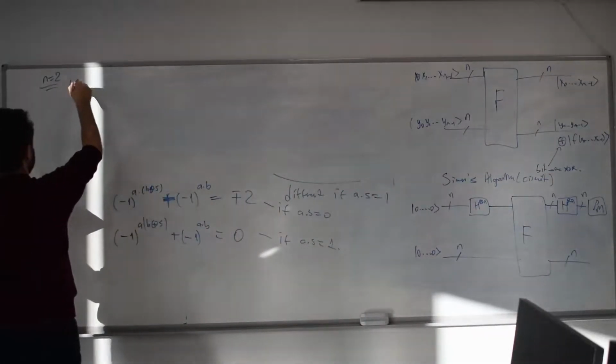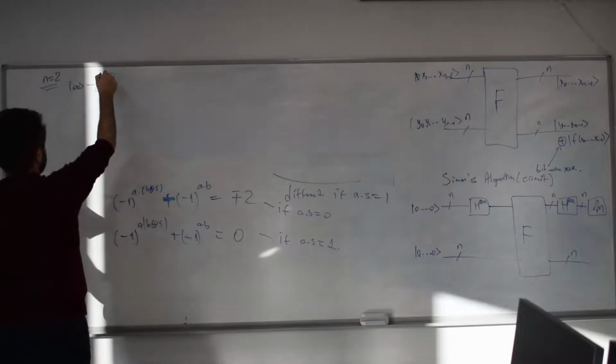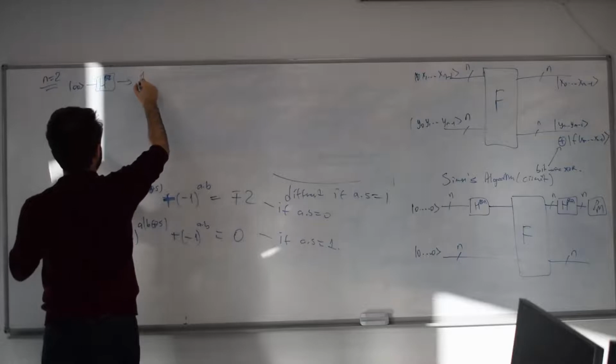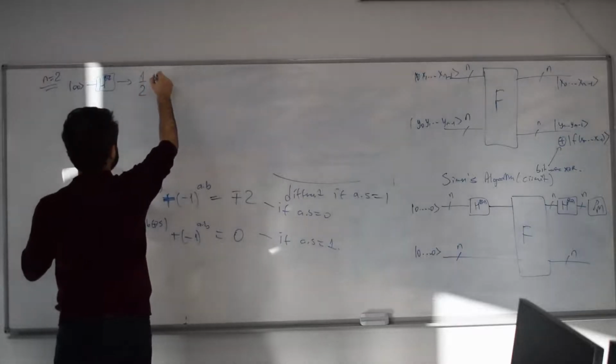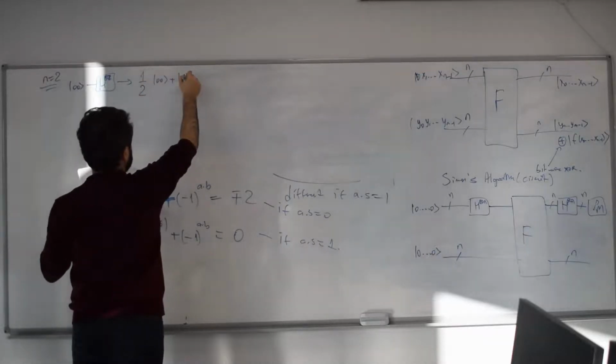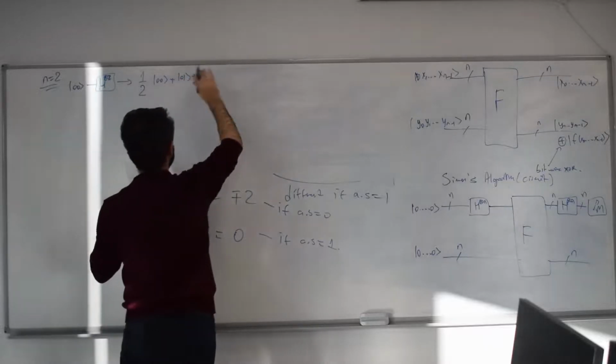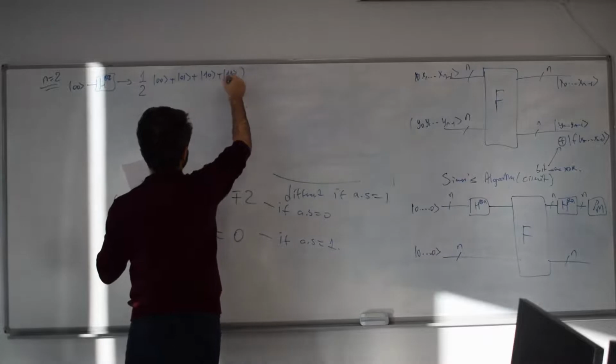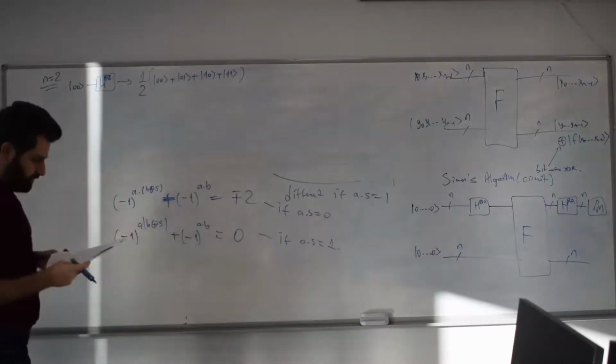So 0, 0 going through the two Hadamard gates gives us the following: 1/2 times (0, 0 plus 0, 1 plus 1, 0 plus 1, 1). That's the super duper superposition state, right? That's the output of the Hadamard.